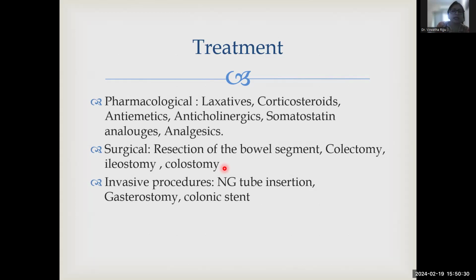Now, invasive procedures like nasogastric tube insertion, gastrostomy for feeding, or a colonic stent, where a stent is put in and the lumen is opened with the help of the stent. Nasogastric tube insertion is done when there is a lot of abdominal distension, the patient is feeling a lot of discomfort and nauseous, and vomiting is not getting controlled enough, and you somehow have to deflate the stomach and take away all the secretions.